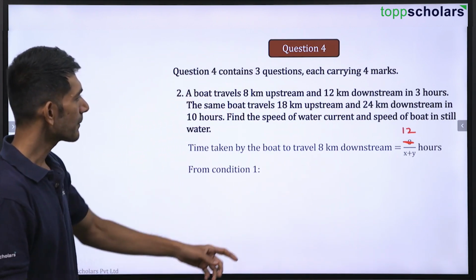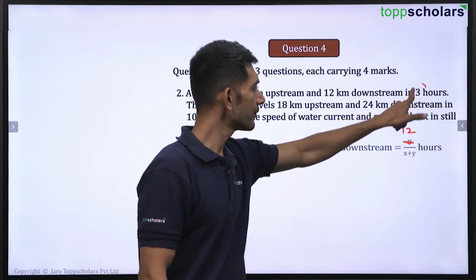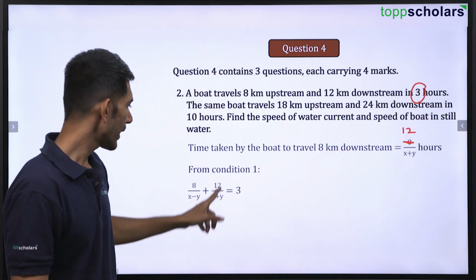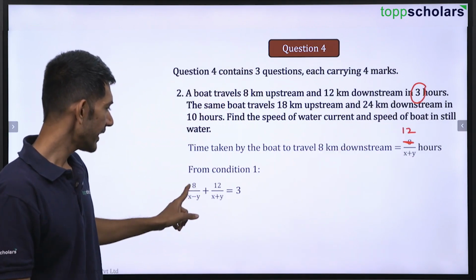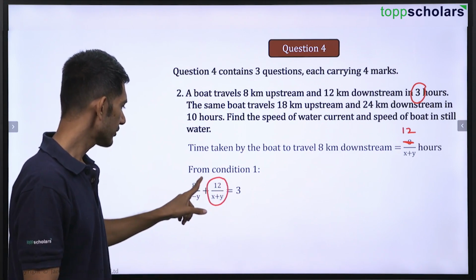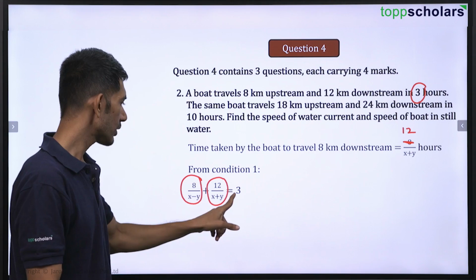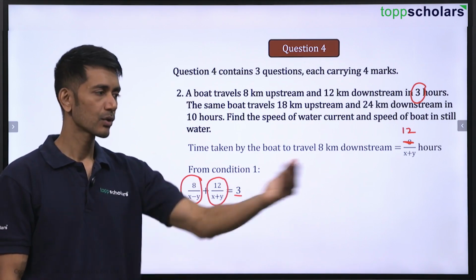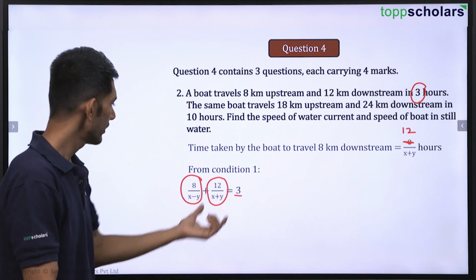So can I say the total time is 3. So 12 by x plus y plus 8 by x minus y is equal to 3. This is downstream, this is upstream, total time is 3 hours. Going and coming back, you can say.